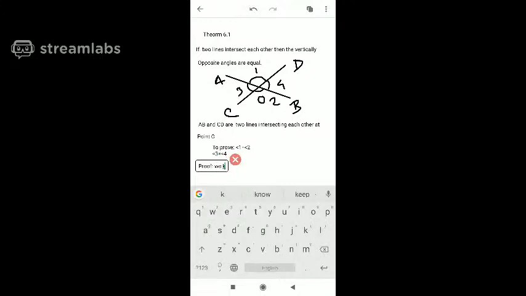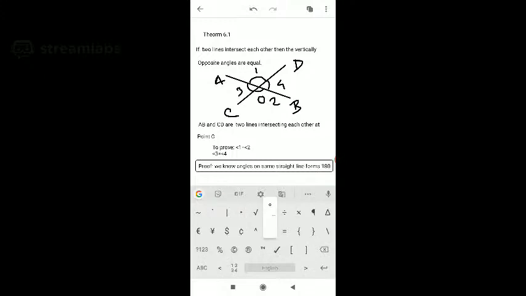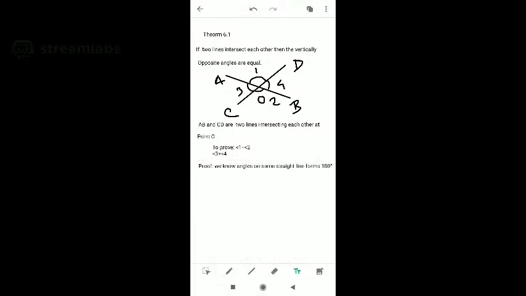We know angles on the same straight line form 180 degrees. So what can we write now?